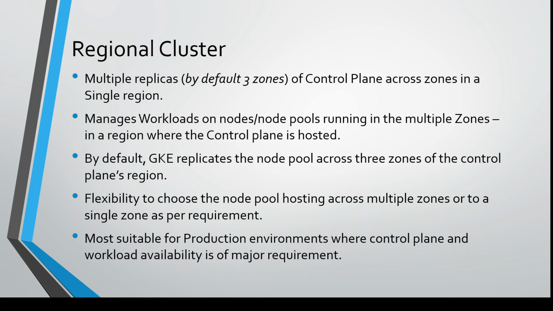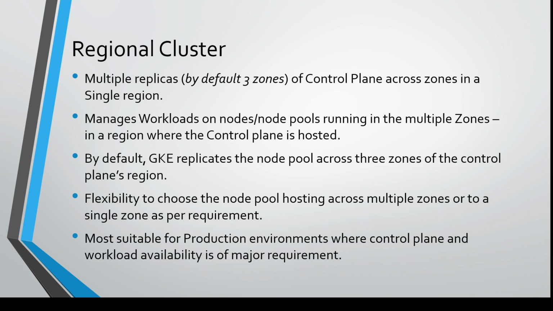So, for example, if you create your regional cluster in the US Central 1 region, then Google might choose US Central 1A, 1B, 1C to host your control planes so that even during zonal outages, your control plane is available for you to make any request to the Kubernetes cluster's API endpoint, scale your workload up or down if you are doing any manual scaling, and also deploy any workloads to your cluster or make any changes to the cluster configuration during any of the zonal outages, right?